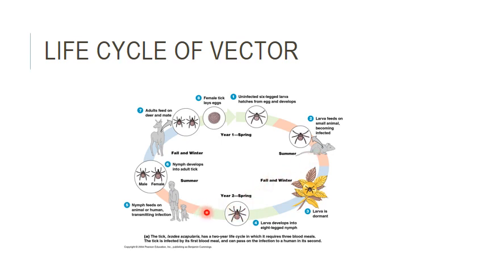It's looking for a warm-blooded organism. It can feed directly on you. Remember, it's already been infected. Its salivary glands are infected, and so when it feeds on you, it sticks its head in. It sucks blood. For approximately 24 hours, they will be attached. Then when they pull out of your skin, they will regurgitate, and their saliva will enter your body. That's the thought of the process.